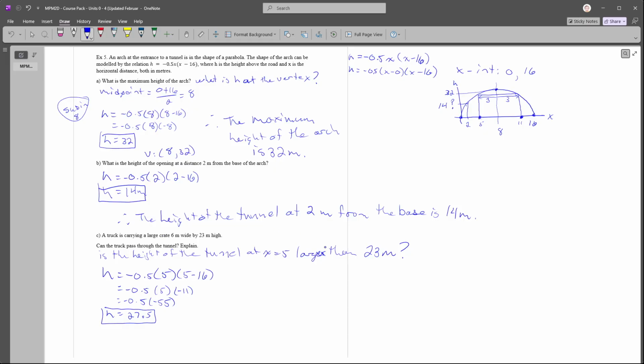Well, 27.5 is definitely larger than 23. So therefore, yeah, the truck can pass through the tunnel, no problem. Since 27.5 is greater than 23, therefore, the truck can pass through the tunnel.